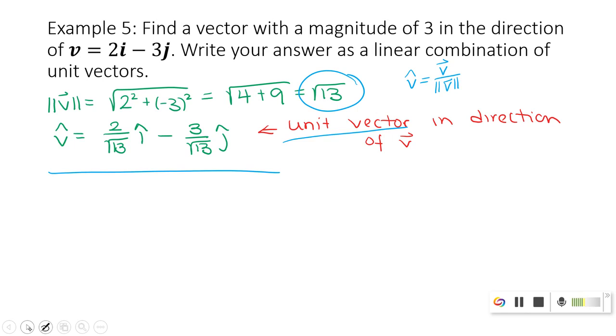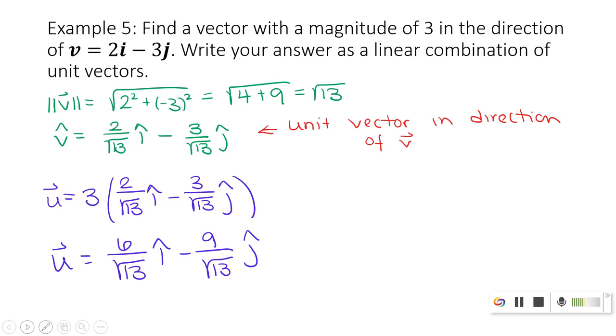If I want this vector to have a magnitude of 3, well, now I can just multiply it by 3. Because my unit vector has a magnitude of 1, to change that into a magnitude of 3, just multiply by 3. So I did 3 times both components, and that gave me my answer of 6 over root 13 i minus 9 over root 13 j. And writing it with those i's and j's is that linear combination of unit vectors. So that's my final answer.